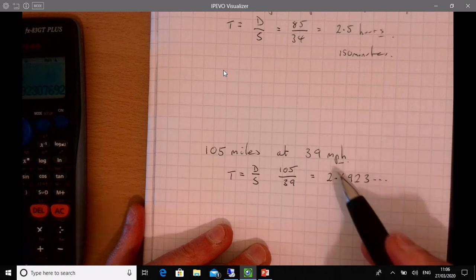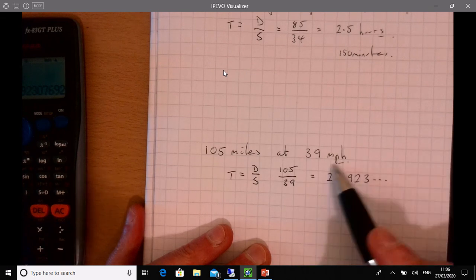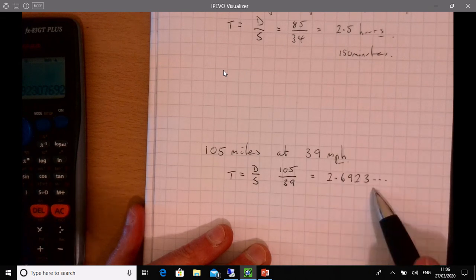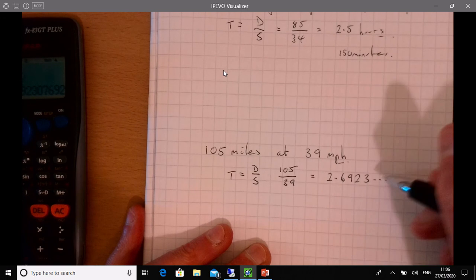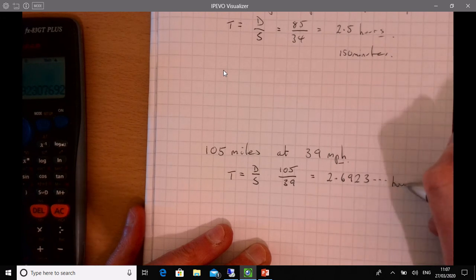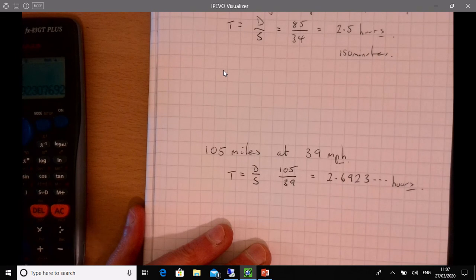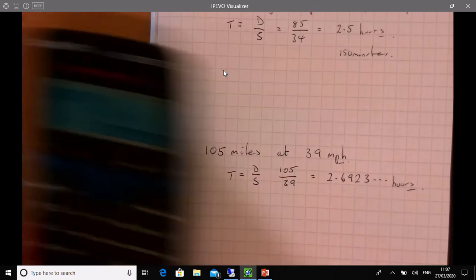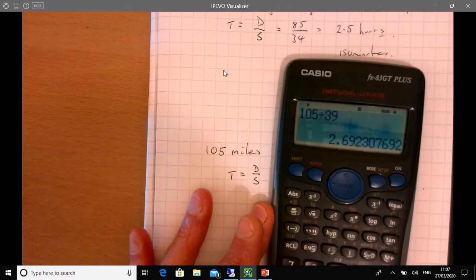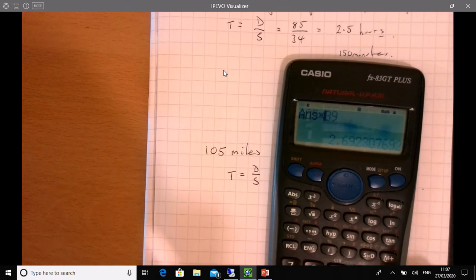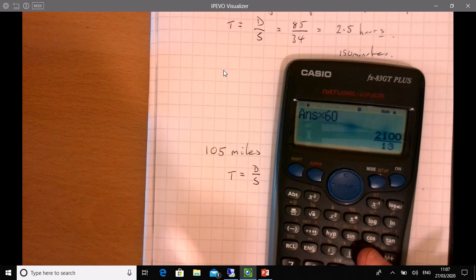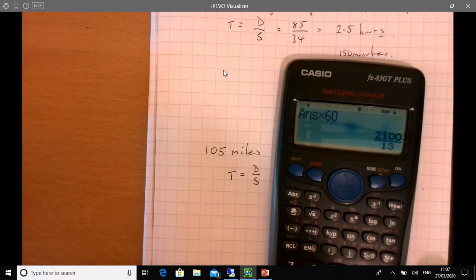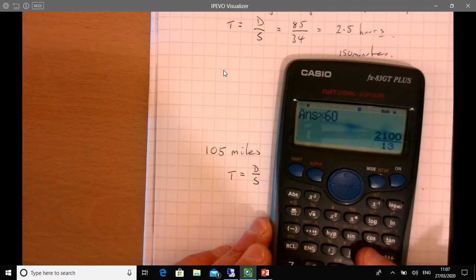I want to get this into minutes and make it make a bit more sense, because saying the answer is 2.6923 hours is not a very good way of giving your answer. So let's multiply that by 60. Notice I didn't write the whole thing down, I didn't really need to. I'm just going to multiply that by 60, and I could write it as a fraction there.